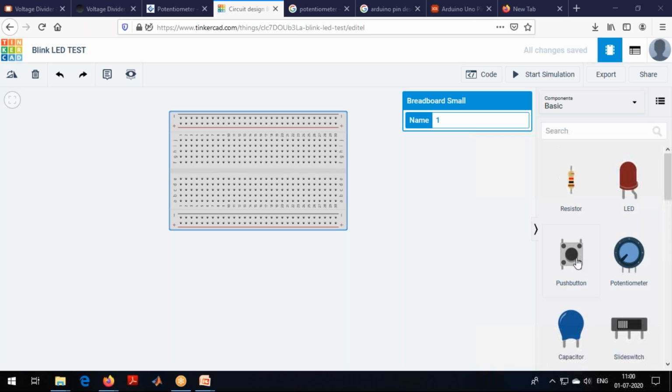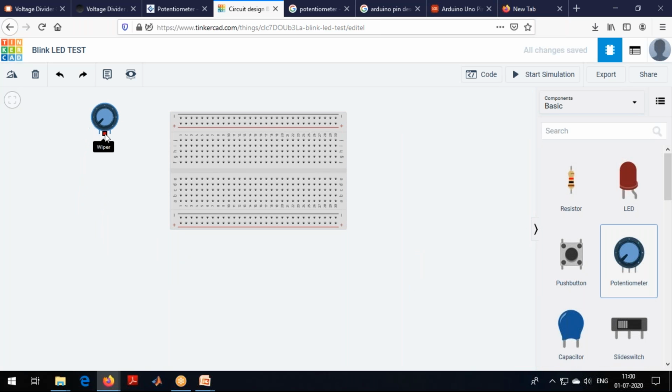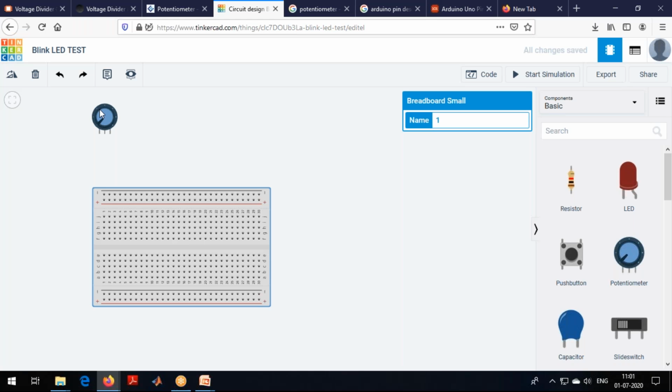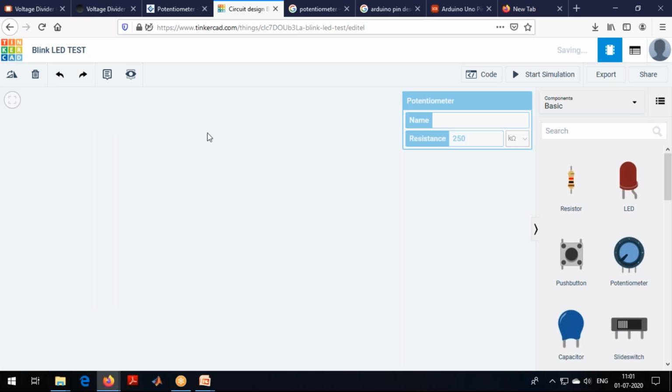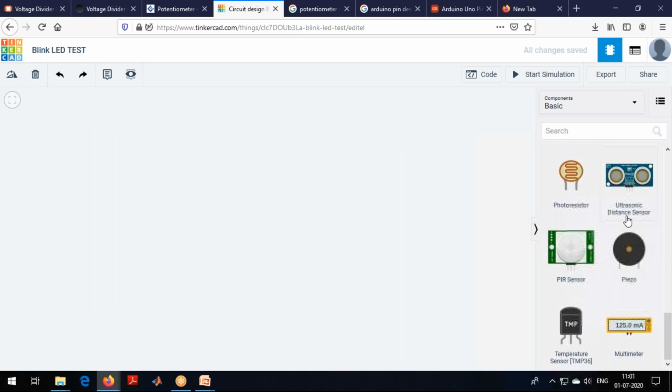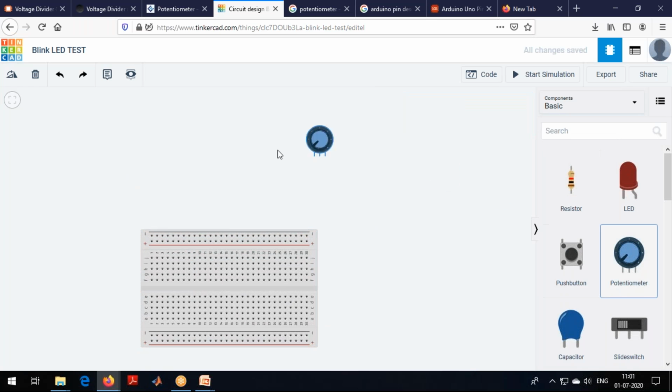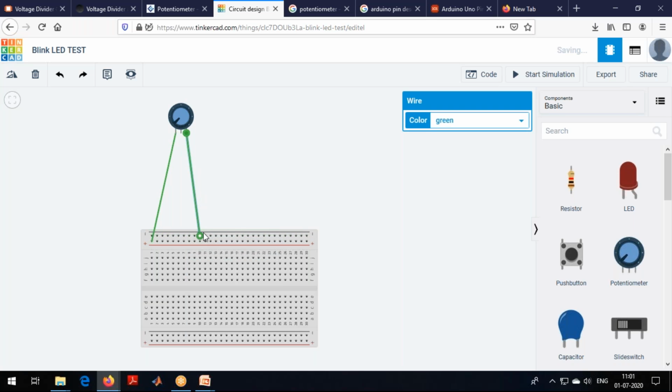Okay, now let me take a potentiometer. I am connecting this terminal here.